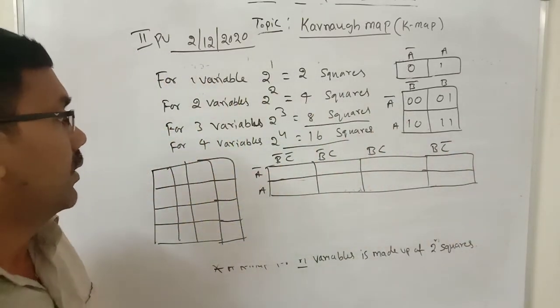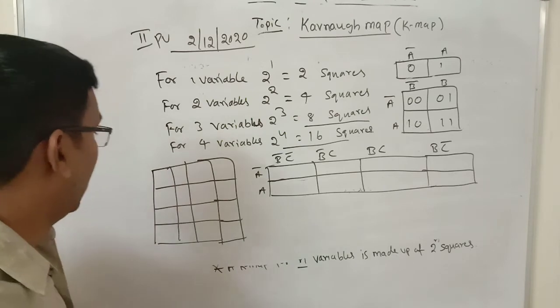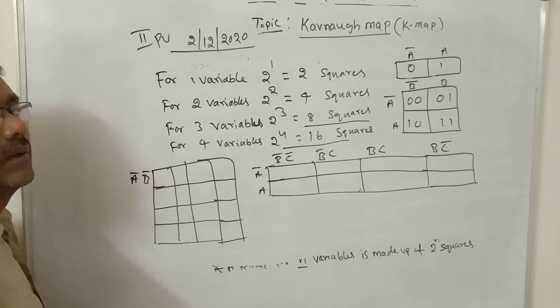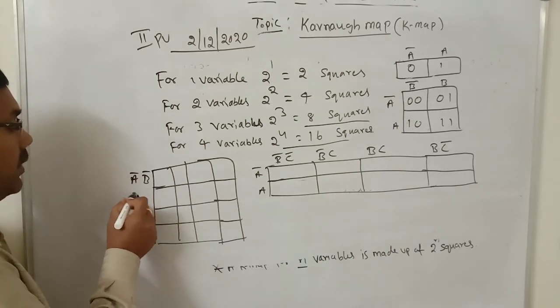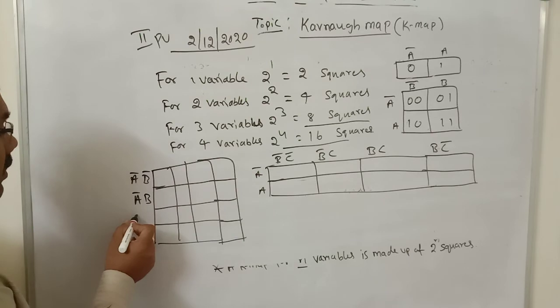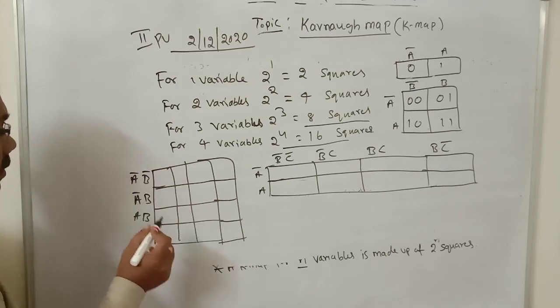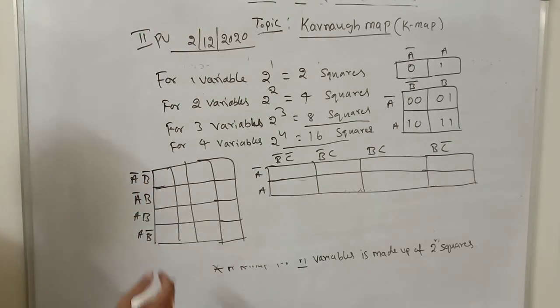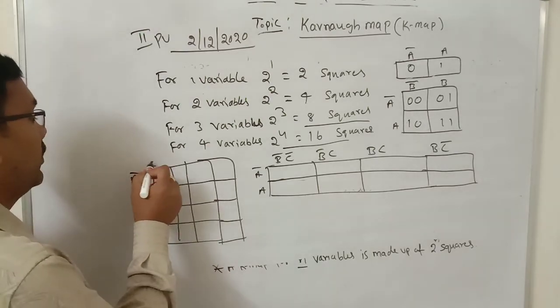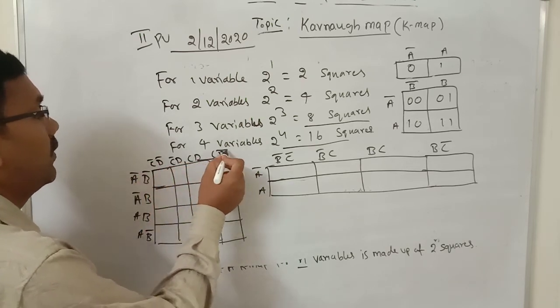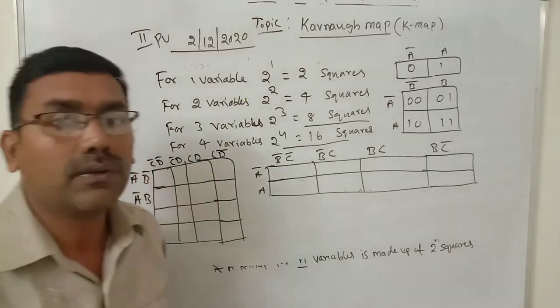Similarly here also 0 0, A bar B bar, 0 1, A bar B, AB, AB bar, 0 0, 0 1, 1 1, 1 0. Then here, C bar D bar, C bar D, CD, CD bar. ಒಂದೇ ಒಂದು ರಿಫ್ಲೆಕ್ಟ್ ಆಗುತ್ತೆ. ಓಕೆ, ಫಾರ್ ಟು ರಿಡ್ಯೂಸ್ ದ ಎಕ್ಸ್ಪ್ರೆಷನ್.